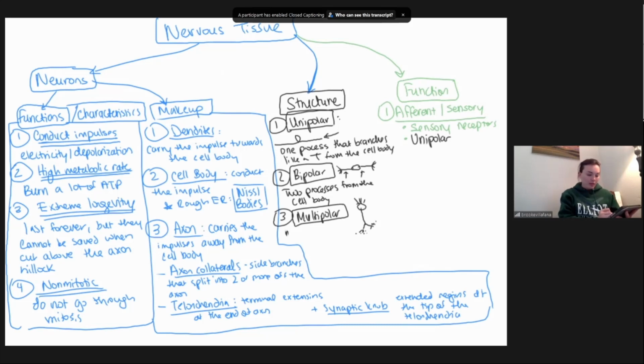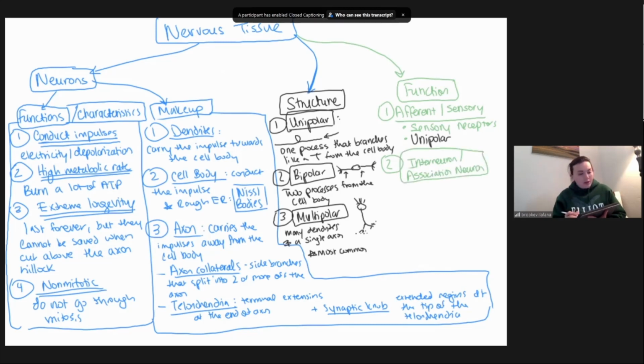So this is many dendrites and a single axon, and this is the most common type of neuron. All right, so then our second neuron according to function is your interneuron or association neuron.